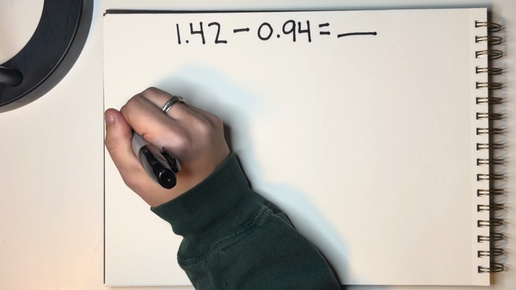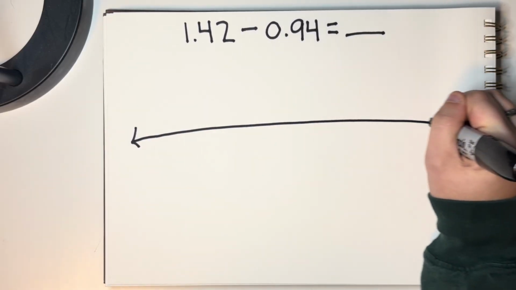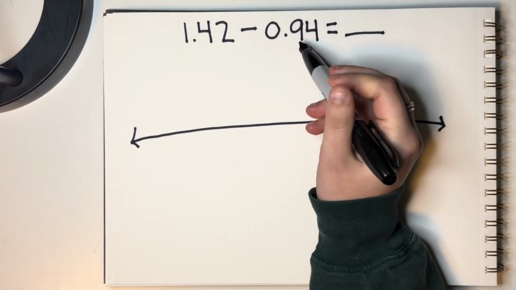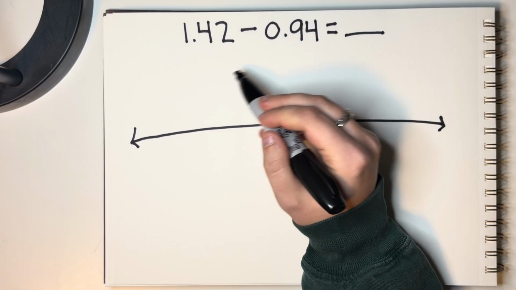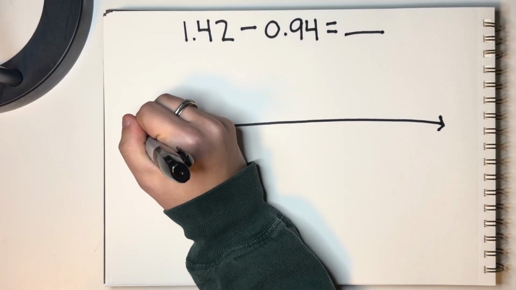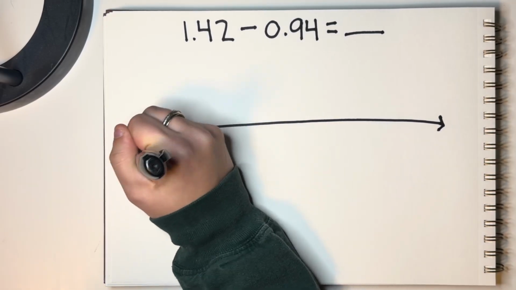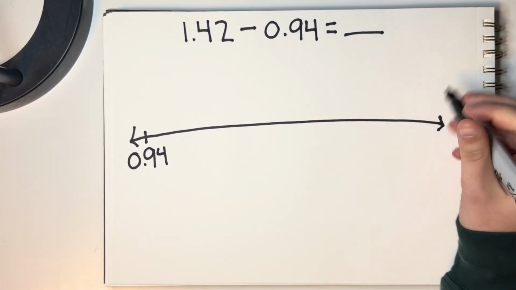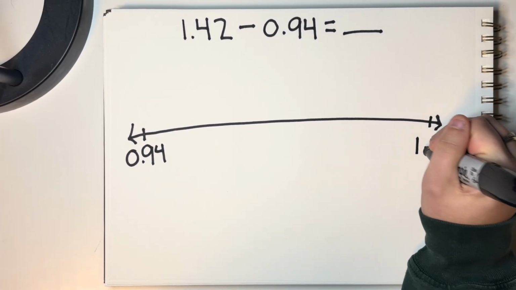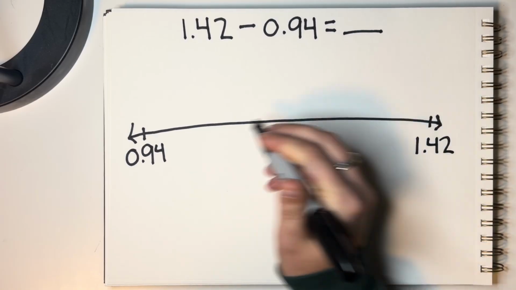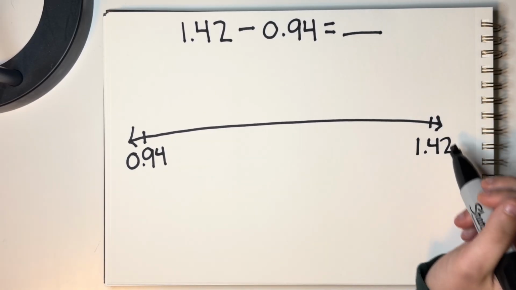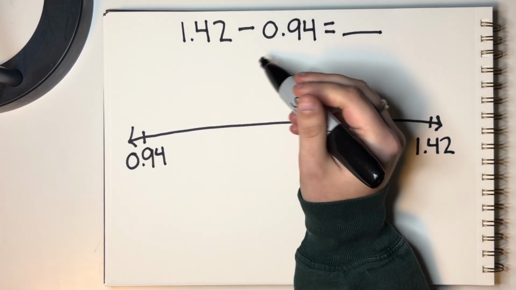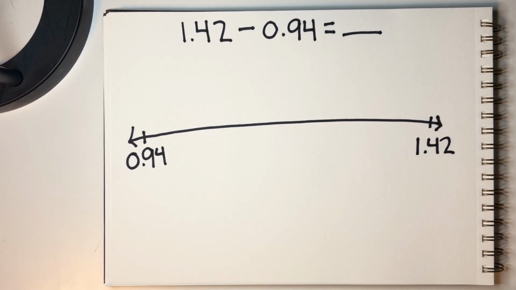So the basic thing to keep in mind with this is subtracting is finding the difference between 2 numbers. So if I start on a number line at 94 hundredths and I count up to 1 and 42 hundredths, whatever I counted to get me to this value is actually going to be the same answer as if I were to subtract it like in the last strategy.